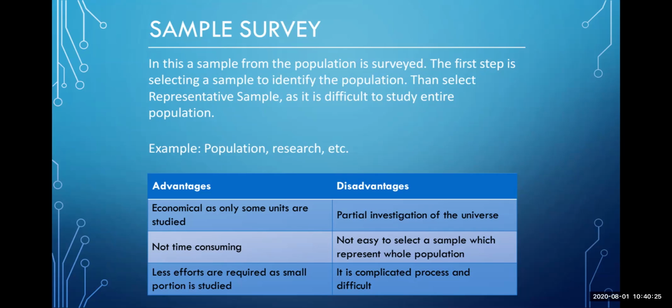But in this case, by taking a sample of a few respondents, I'm coming to a conclusion for the entire population, which is again not right. Thirdly, it is a complicated and difficult process, because you have to choose a group of sample which might represent the whole universe.